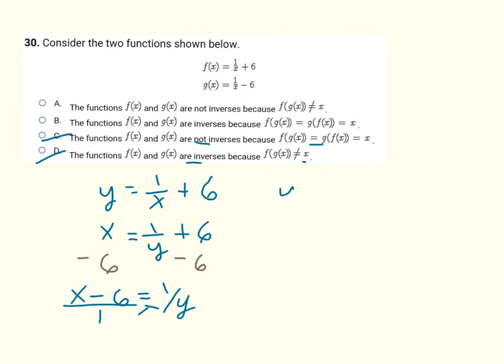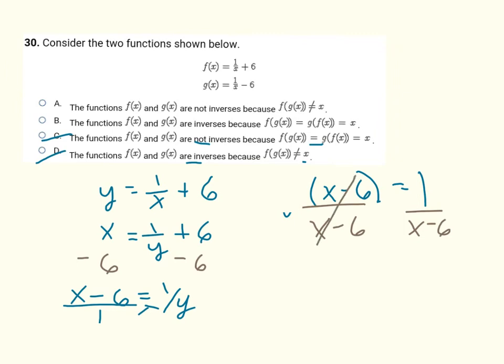So I'm going to have y times that entire x minus 6, so I need to put that in parentheses, equals 1. And now, because that x minus 6 and the y are being multiplied, I can divide both sides by that entire expression, x minus 6.